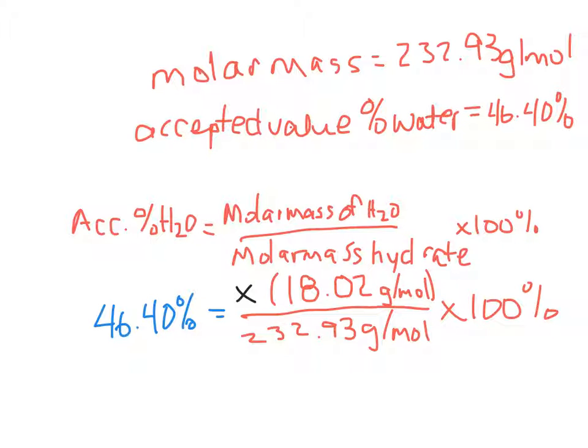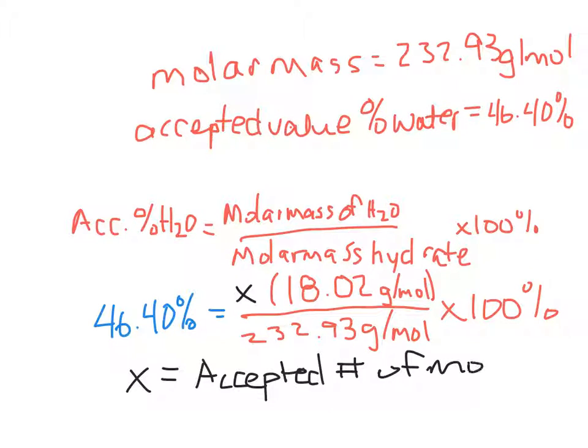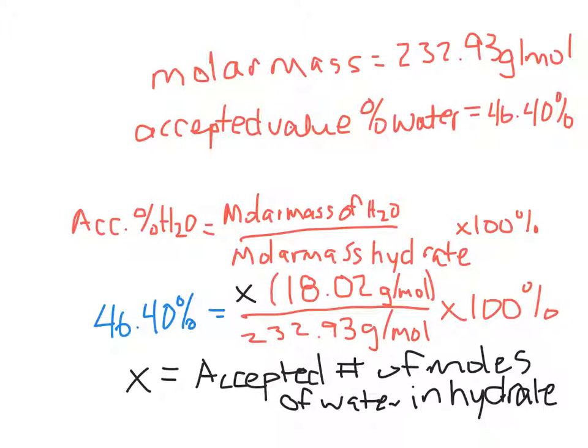So what you need to do is solve for X, basically, and that will give you the number of moles that we expect, or the accepted number of moles of water in our hydrate. So solve for X. That's basically it.